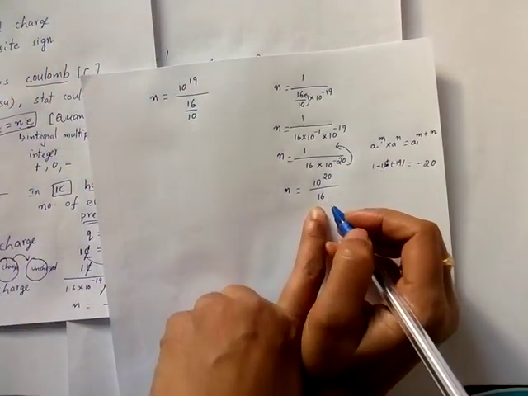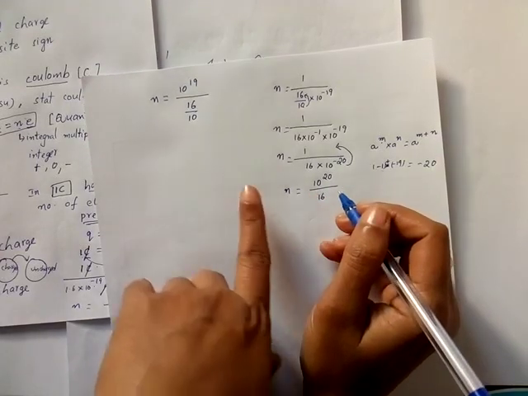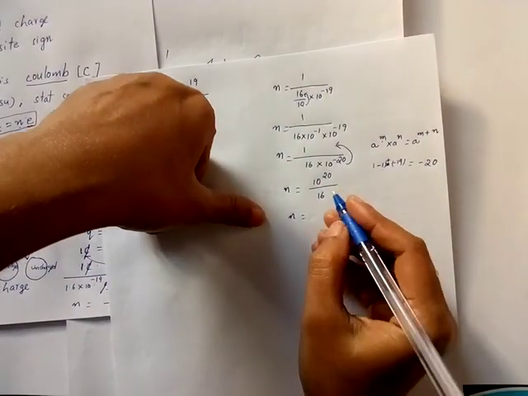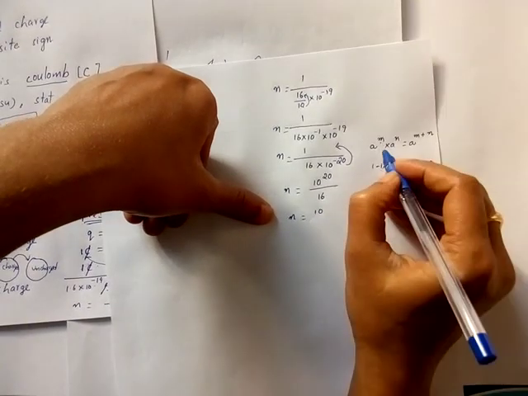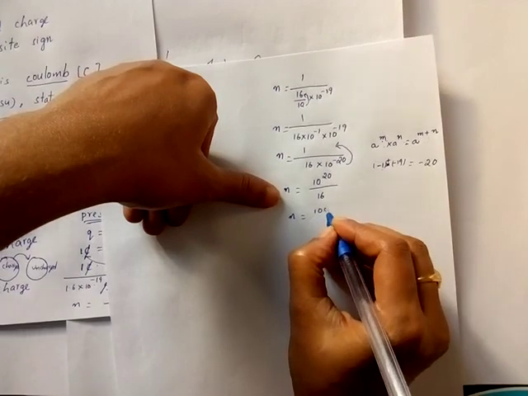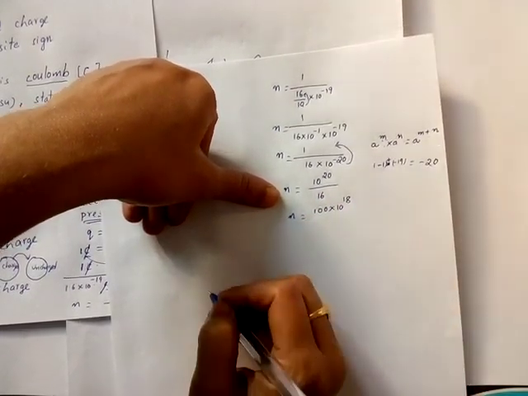So you can cancel with this 16. So the smallest integer what you can take to cancel in 16, you can take 100 here, isn't it? So how do you separate it? Same by using this. Okay, so to get 100, if I write 100, here it becomes 10 to the power of 18, isn't it?